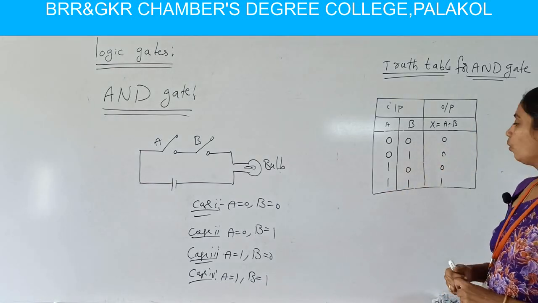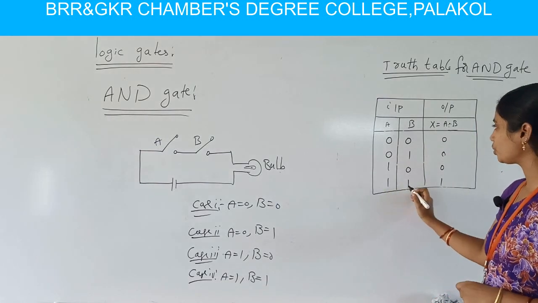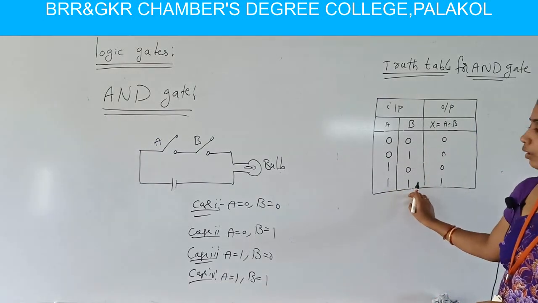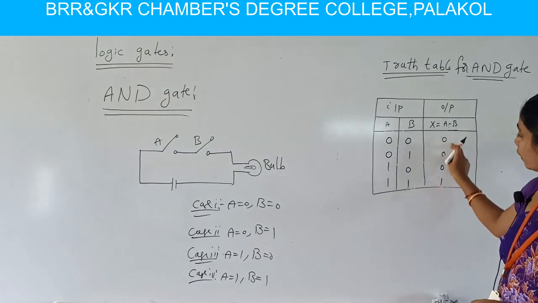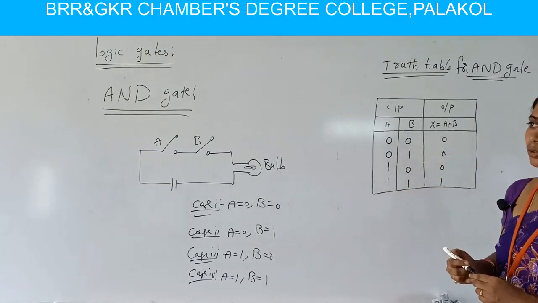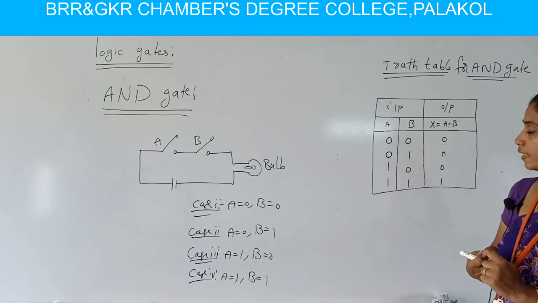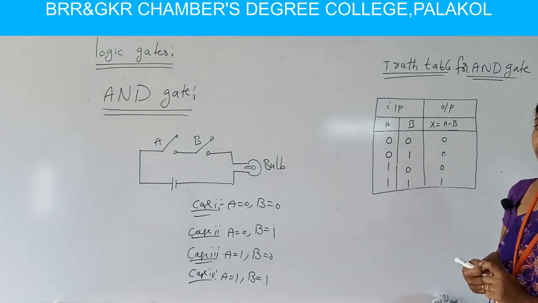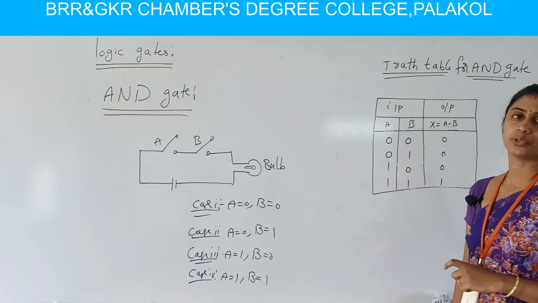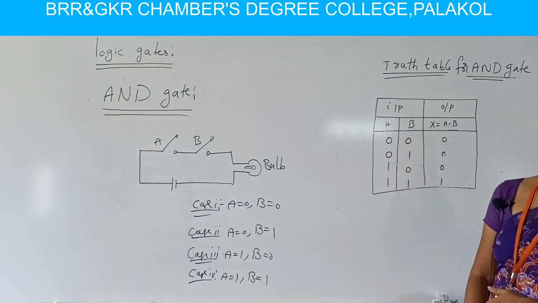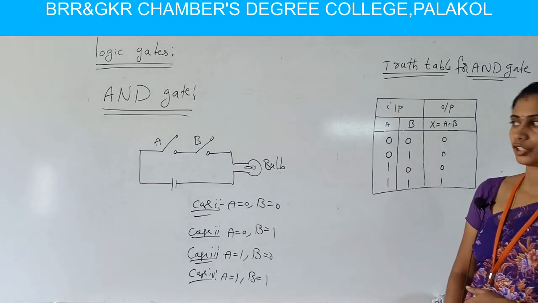In the AND gate, only the fourth case, 1 1, gives a high output. In the remaining three cases, one variable is low and another is high, but the product is low. So in the AND gate only the last case gives a high output; in all the remaining cases the output is low logic state.